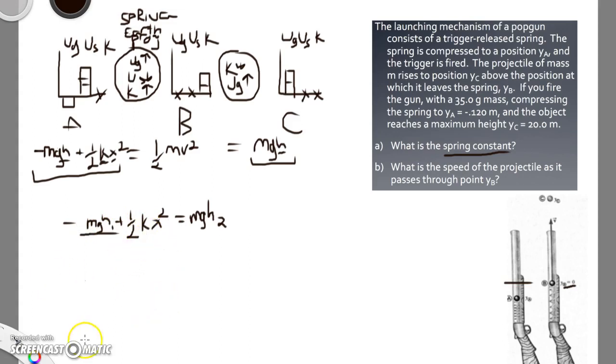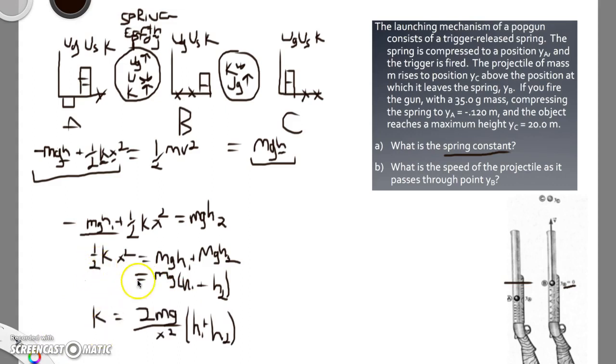We've gone ahead and added that over to the other side, and we can even factor out mg, leaving us with mg times H1 plus H2. So what's happening here is that for potential energy, what matters is how much the height is changed. And so we get the total distance it is away from where it started here. Okay, then we can multiply over 2 and divide by x squared to solve for k.